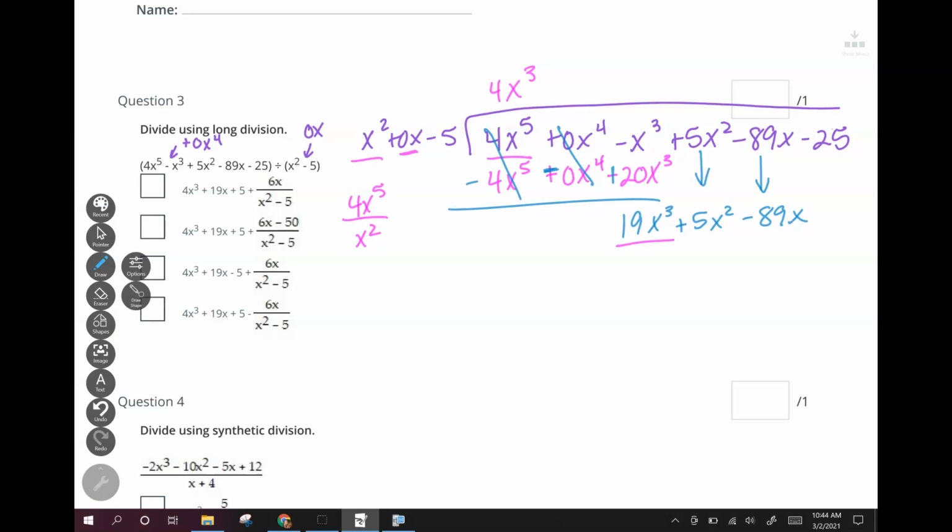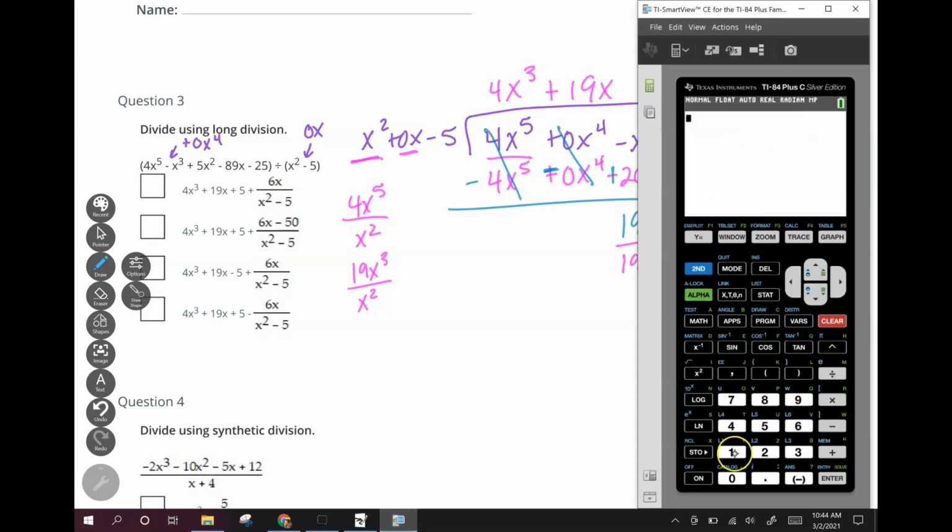Okay, so looking at your first terms again, 19x cubed divided by x squared. That gives me 19x. I'm going to multiply, distributing that to all 3 terms. 19 times negative 5 gives me negative 95.